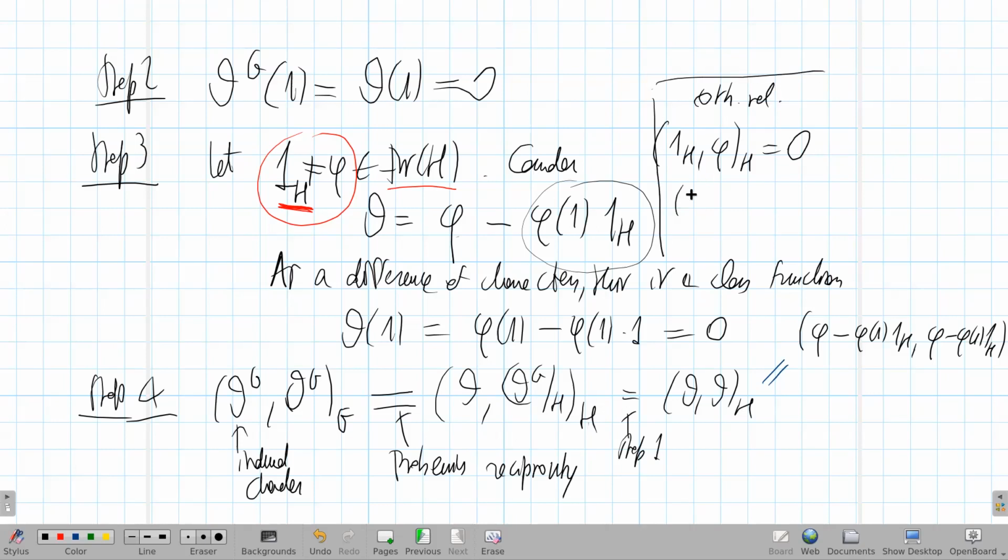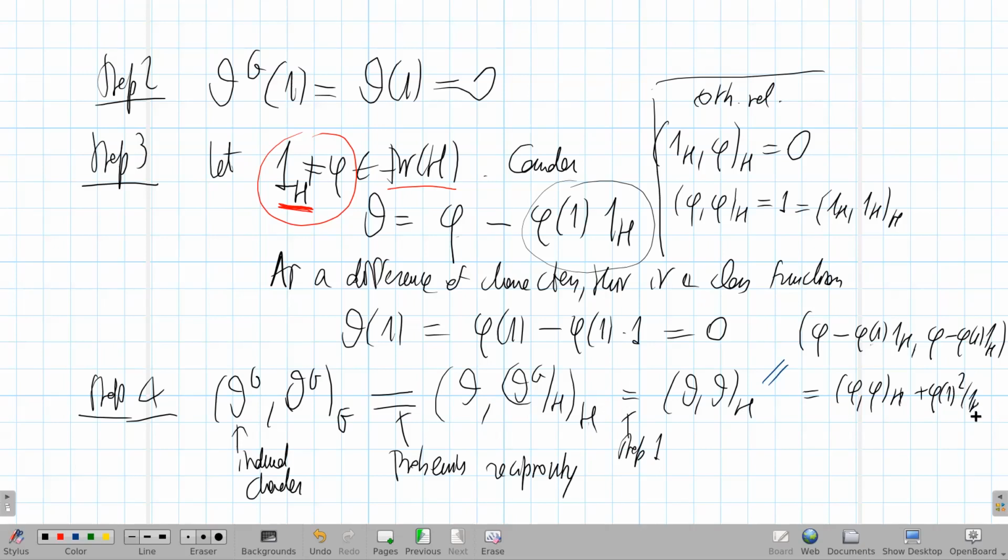On the other hand, since phi is irreducible, its inner product with itself is 1, and the same holds trivially for the trivial character. So when you distribute, well, 1_H with 1_H is 1, except that we have a minus phi 1 in front, so this will be plus phi 1 squared.